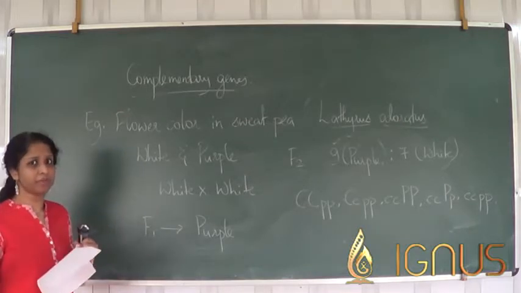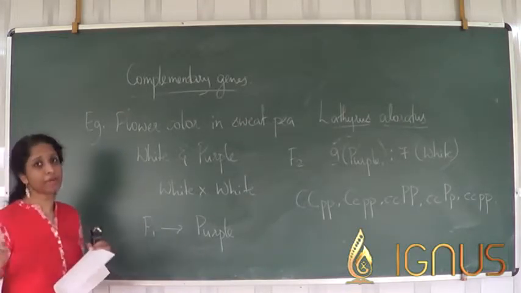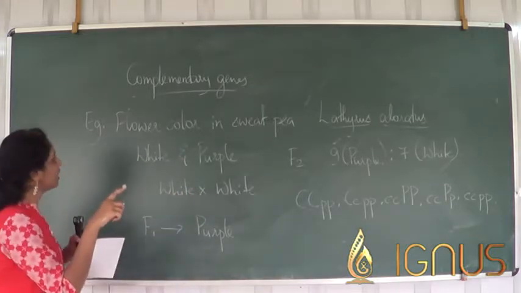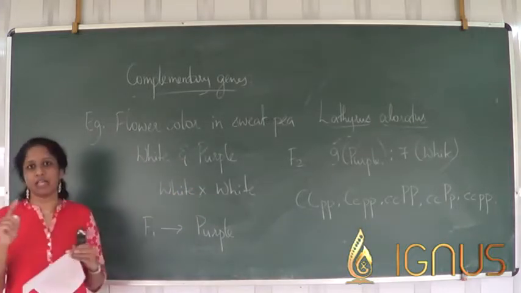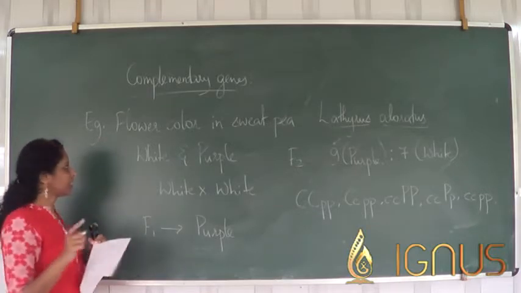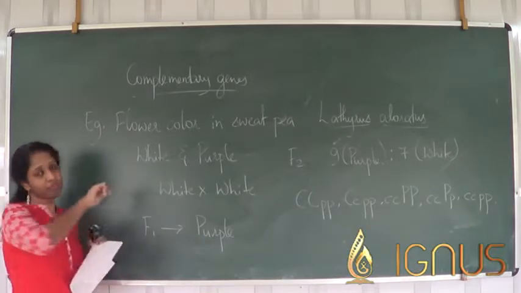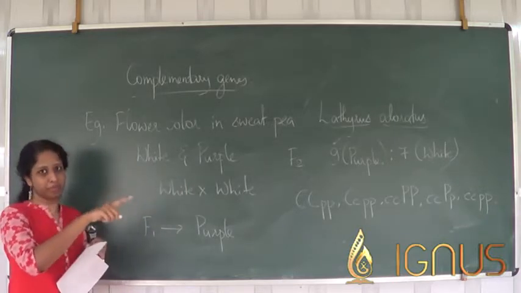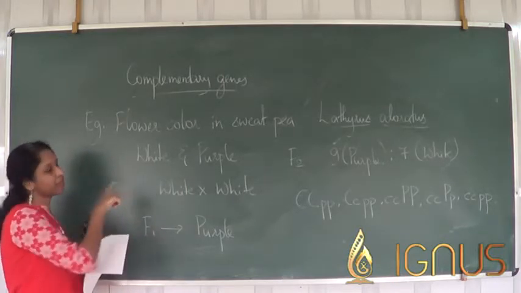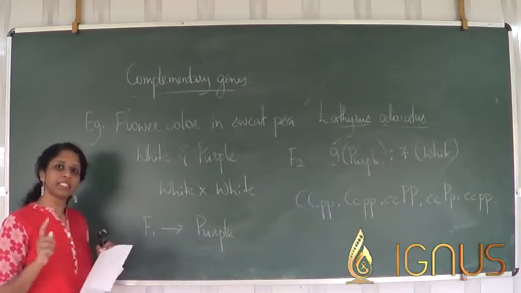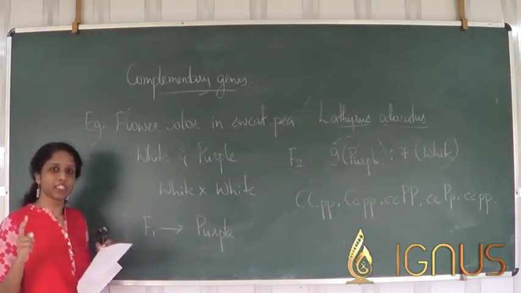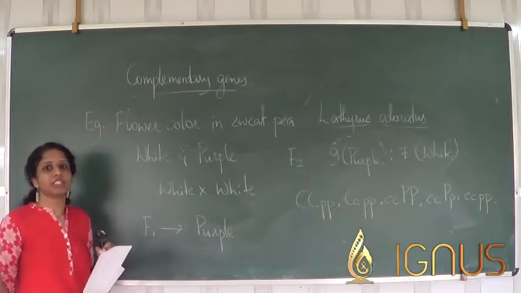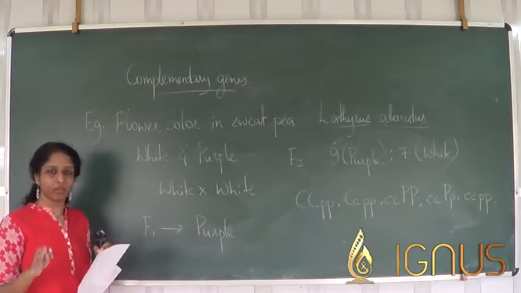Now sweet pea is different from garden pea, so it's not Pisum sativum, but rather it's Lathyrus odoratus. Now the flower color has a complementarity in it. There are two flower colors in the sweet pea. It's either white or purple in color. Now white colored flowers are found when the complementary genes are not complementing each other, as in neither of the genes has a dominant allele.